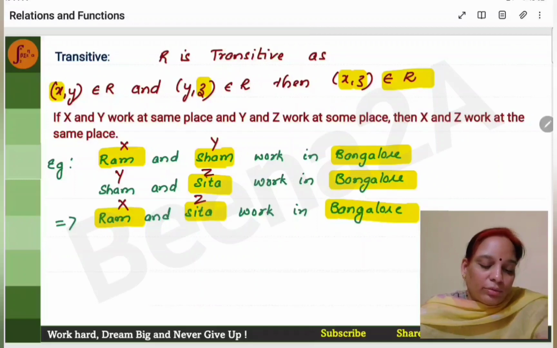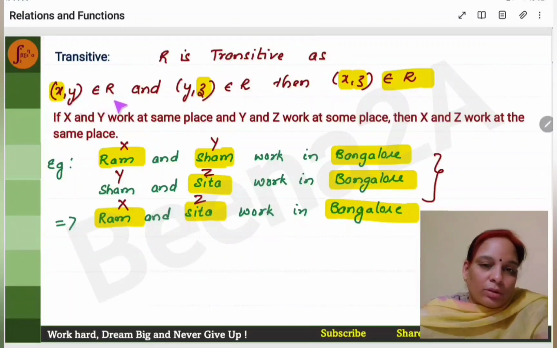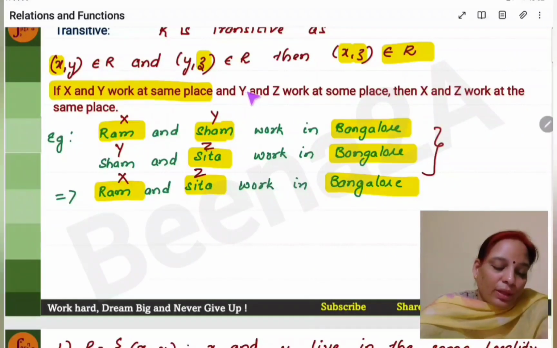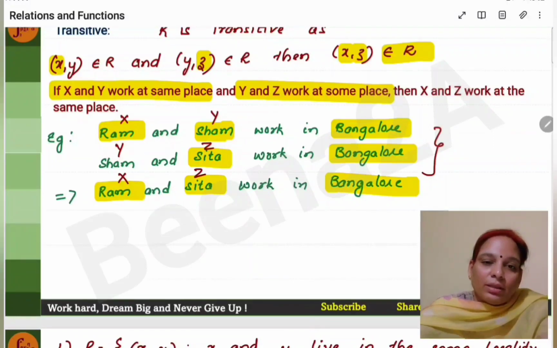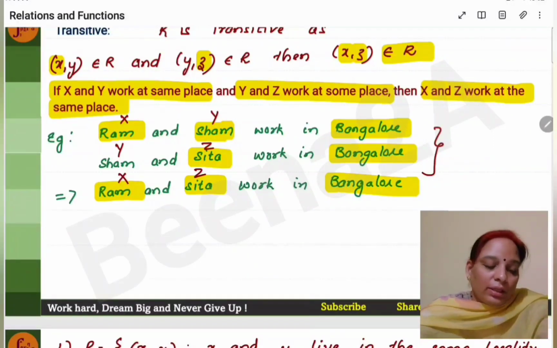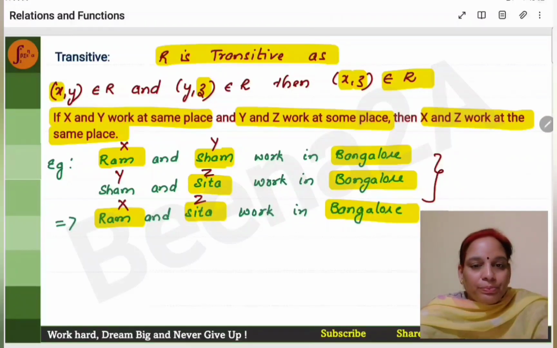This is just an example to explain, but it's enough if you say if xy belongs to R and yz belongs to R, then xz belongs to R. Or you can write it as: if x and y work at the same place and y and z work at the same place, then x and z also work at the same place. Therefore, R is transitive. In both of these forms you can write. This is just an example.